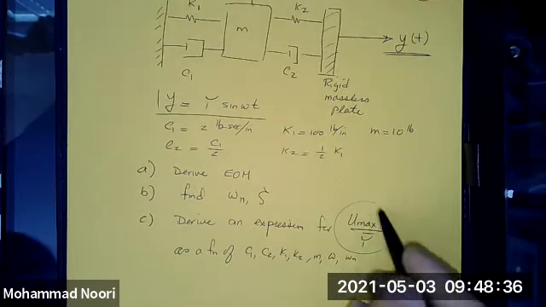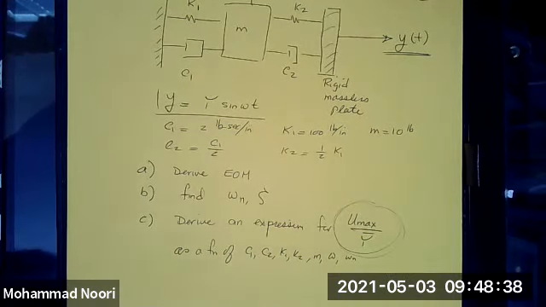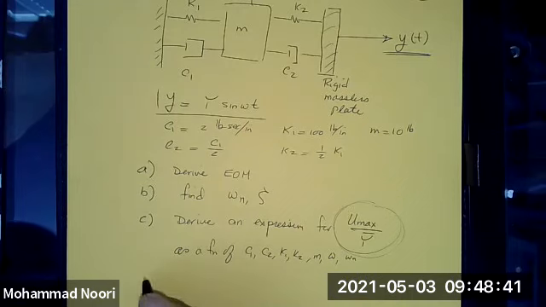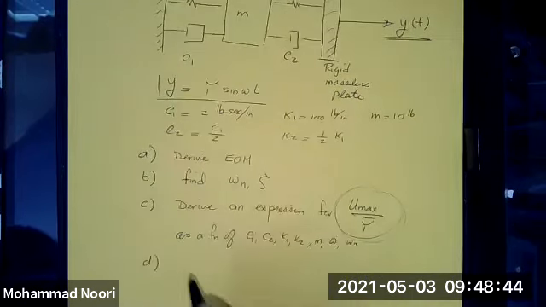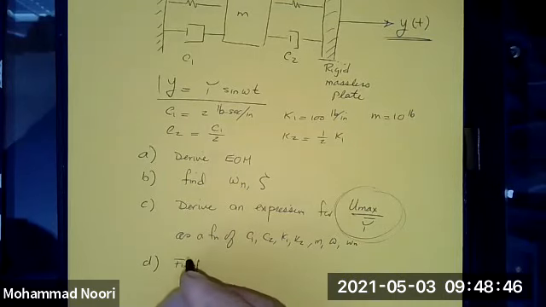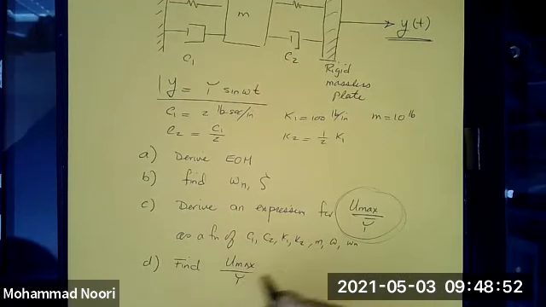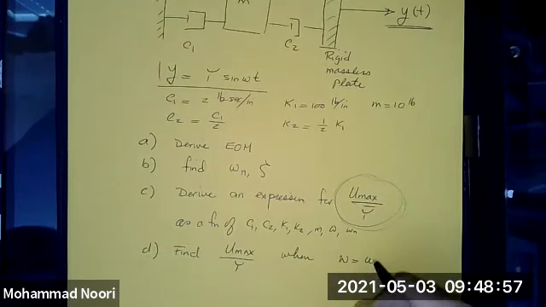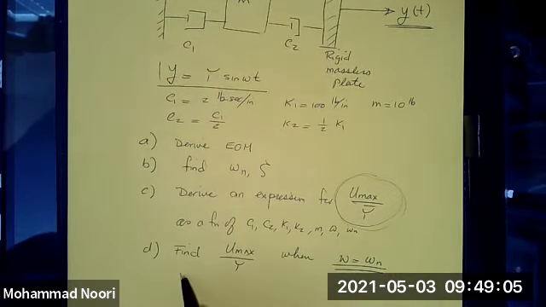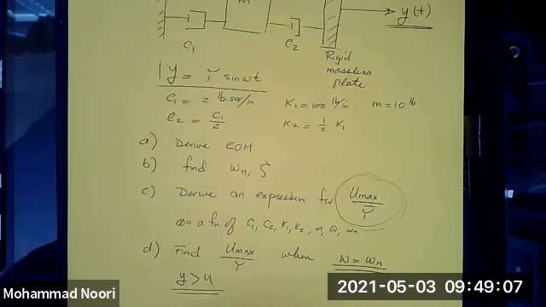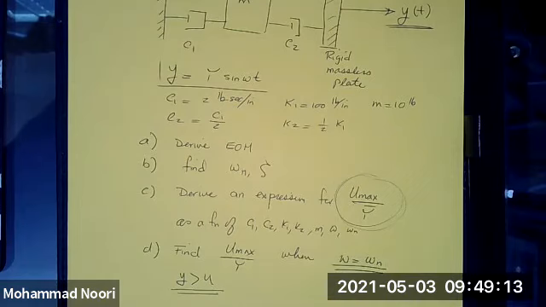You want to find an expression for this because you want to find out, for instance, the value of this ratio in the severe case, where the forcing frequency is equal to the natural frequency of the system, assuming again that y is greater than u. Any question as far as the statement goes?